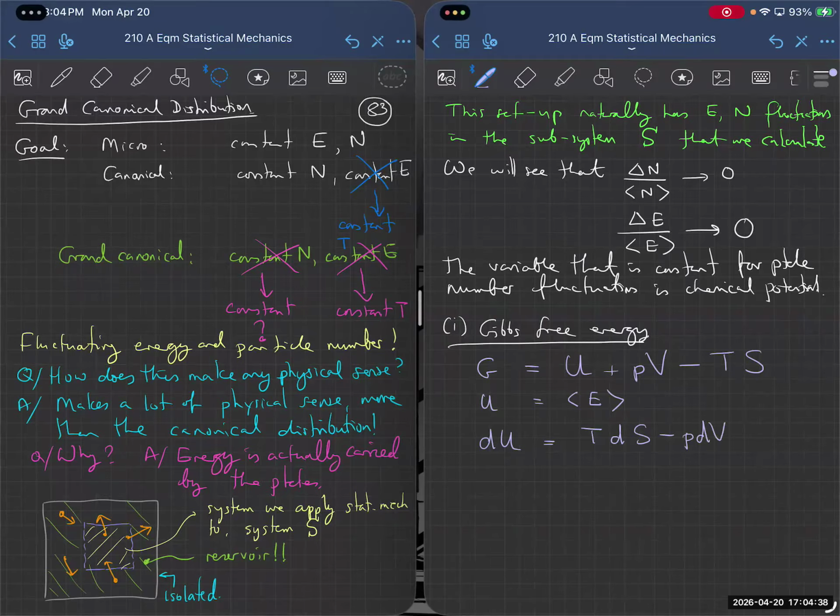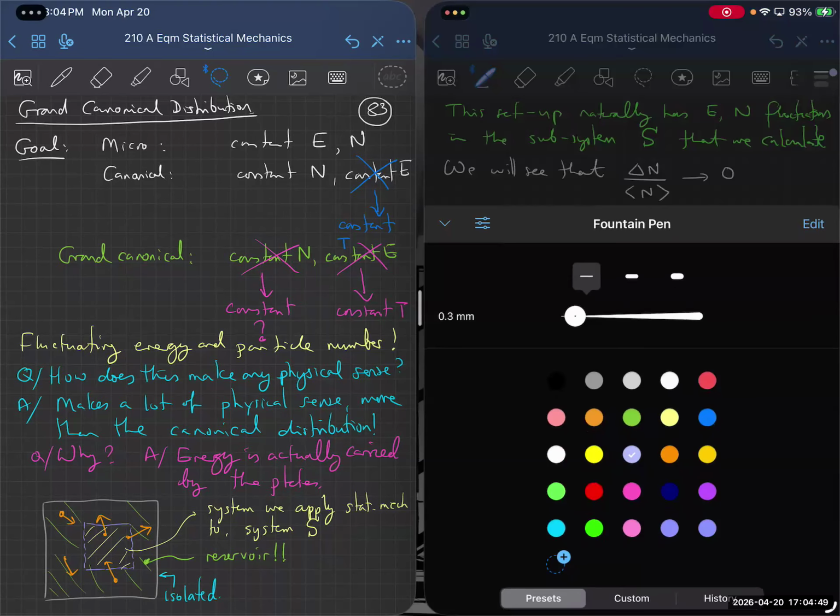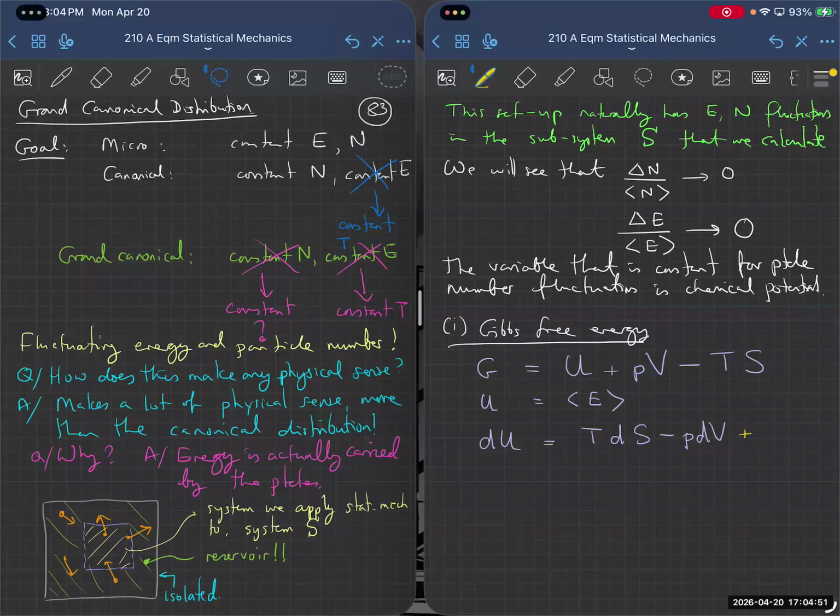That was the first law of thermodynamics that we did before, like half an hour ago, when there were no number fluctuations. So when there are number fluctuations, we're going to add another term to this, which we'll write as mu dN, and that's going to define the chemical potential.